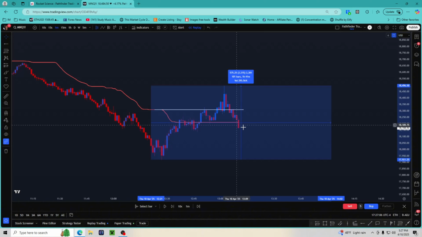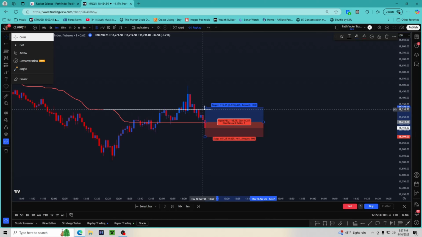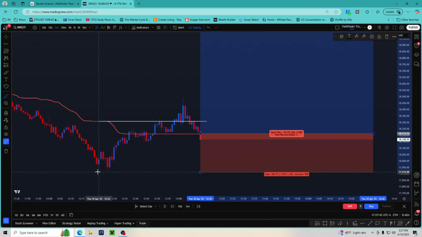So let's say that you entered right here from this point, on the market. Here's your 1 to 3 right here. And then let's just throw that 50% back up there because that's where you're potentially entering from.